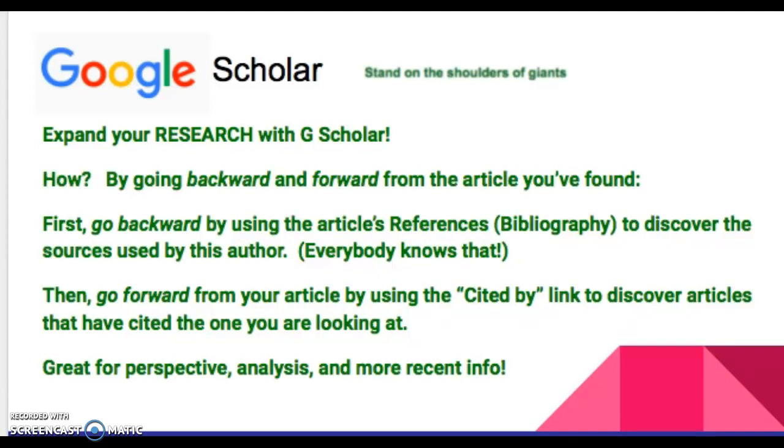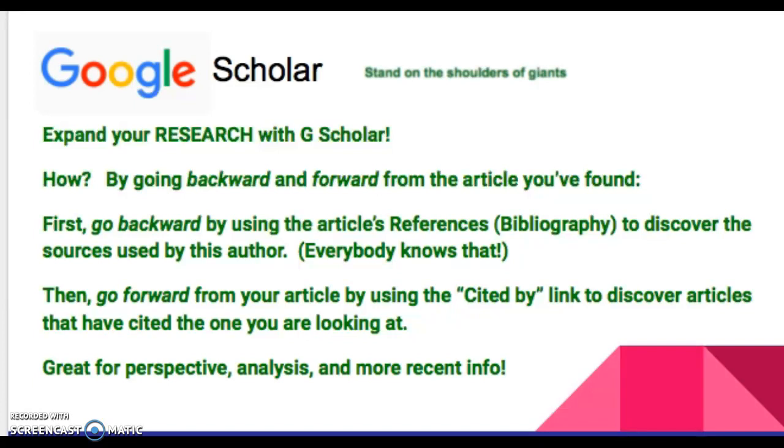However, using Google Scholar, you can also go forward by using the cited by link. This will help you discover articles that have cited the one that you are looking at. This is an invaluable tool for gaining perspective on a topic, checking to see if your analysis matches, and your interpretation of the particular article is also how others have interpreted that article, and so on.